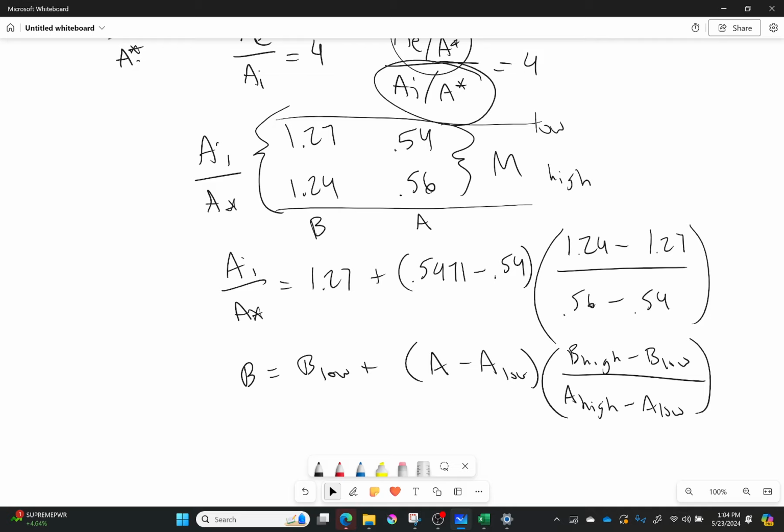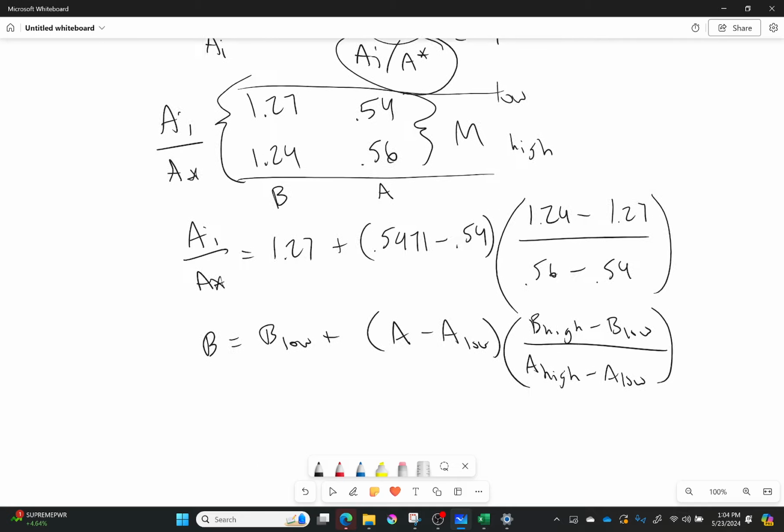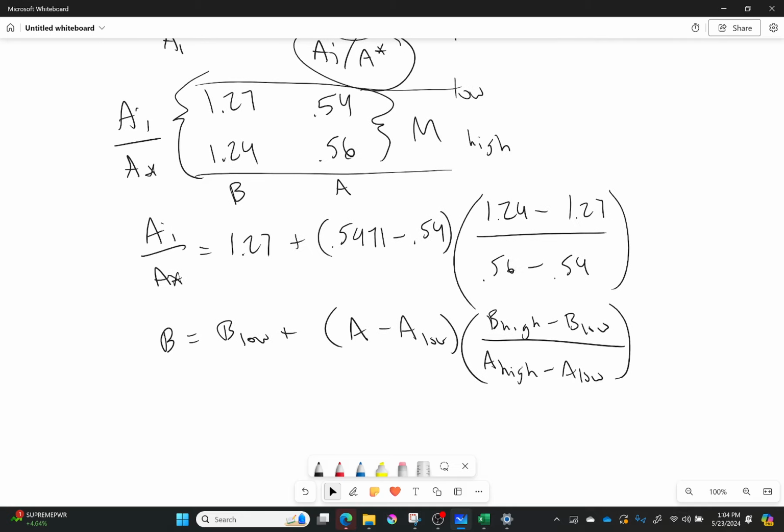I want to give you an equation for it so you would have an easier time with it. B in this case is whatever you're trying to find. That column is what you're trying to find.